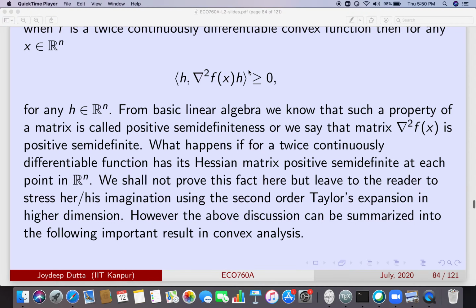If I know it is positive semi-definite at every point, is the function convex in the higher dimensional case? Here I would leave the whole thing to you. Use your definition, either your knowledge of Taylor's expansion in higher dimension, or the definition of twice differentiability of a function, and then you can come to some conclusion.